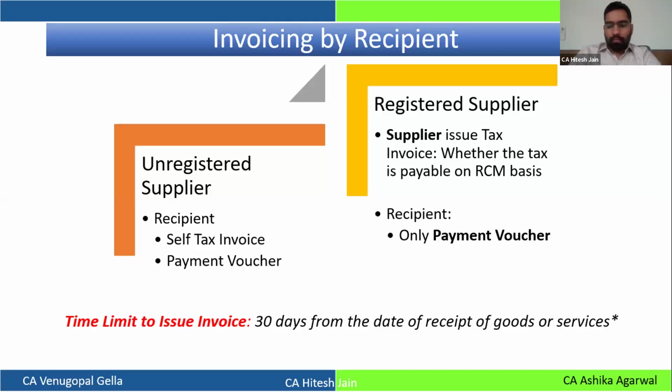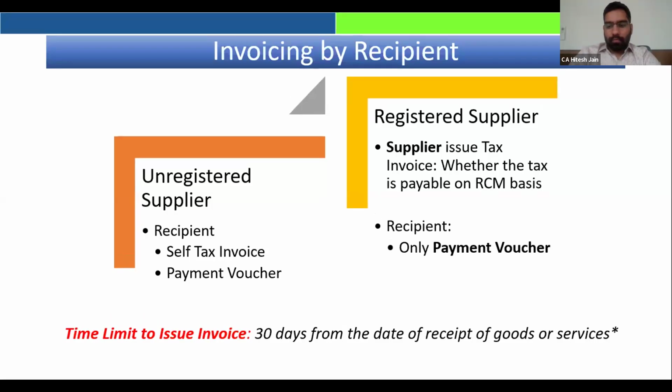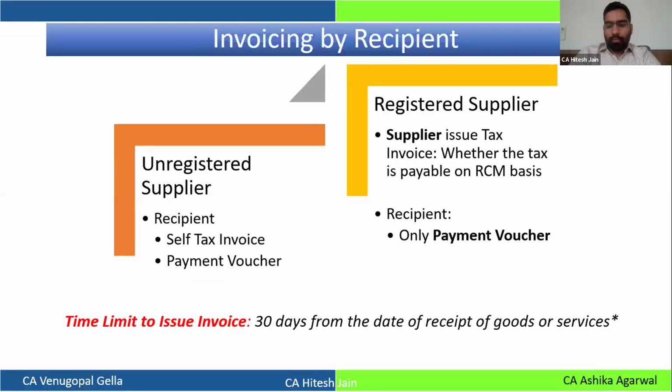So when a registered supplier issues a tax invoice, this line will be mentioned. If the supply he has made is covered under RCM, he has to specifically write that tax is payable under RCM: Yes. So you already have a document which is in compliance under GST. Therefore, you are not required to raise a self-tax invoice.